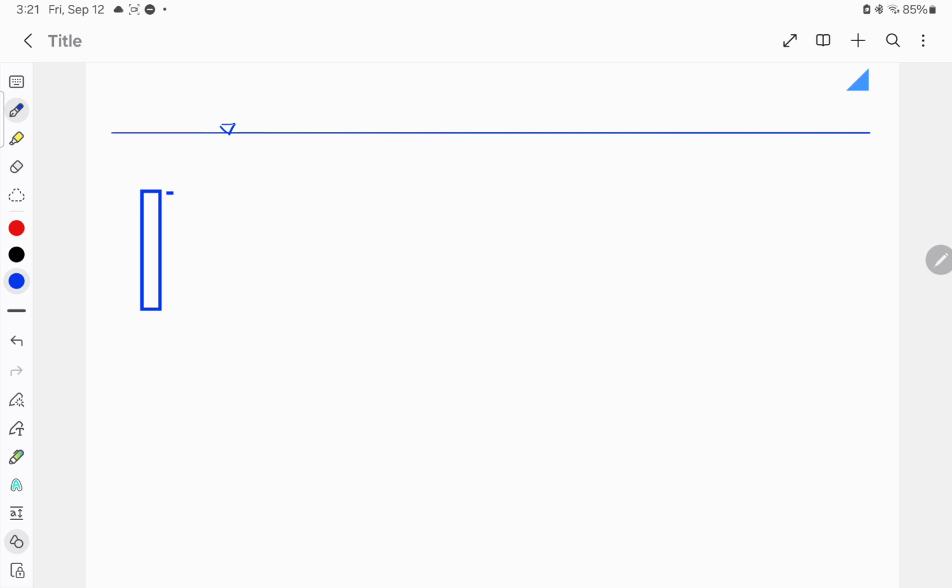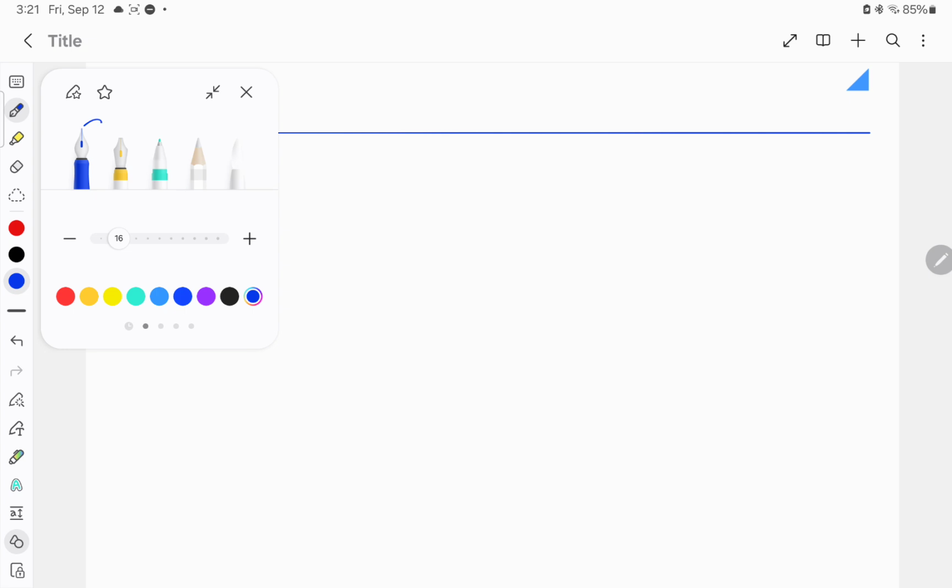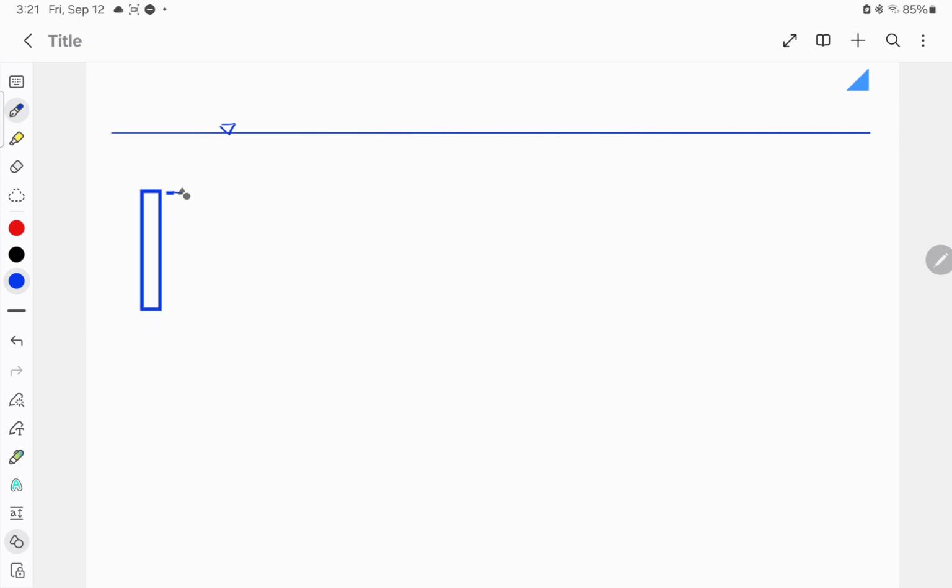In side view it can look like anything like this. Let us first make this closer to the surface, meaning coinciding with the surface. Let's see what happens then.